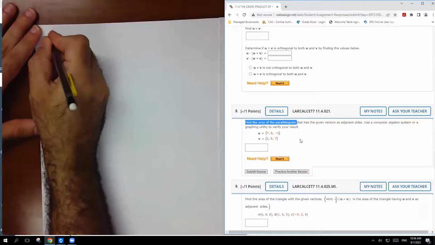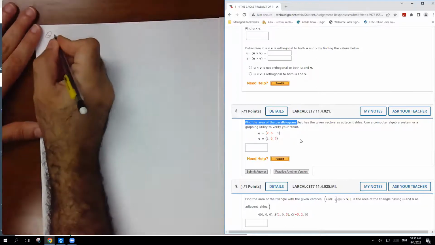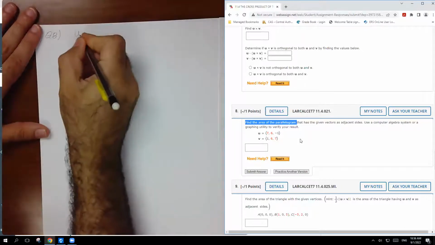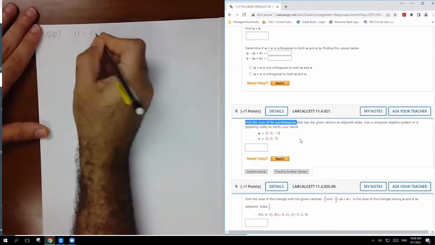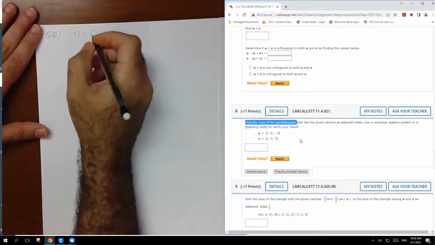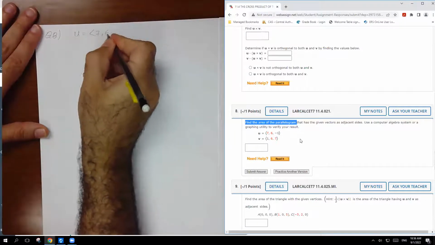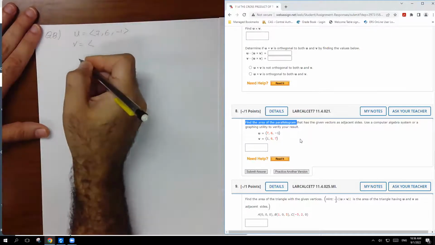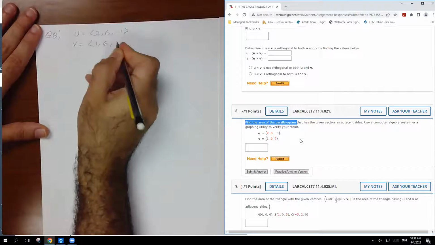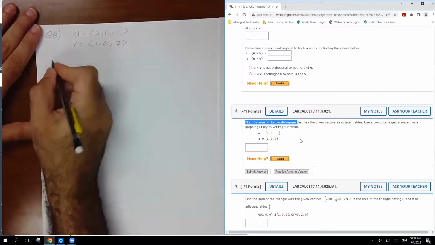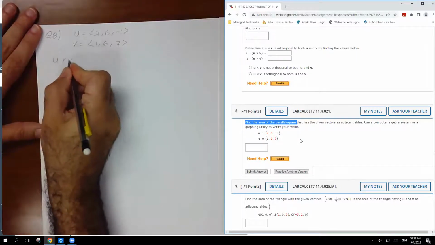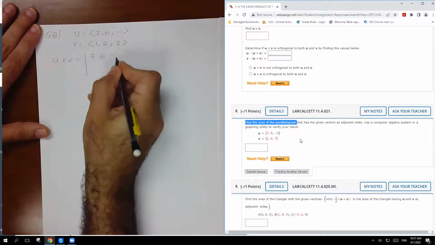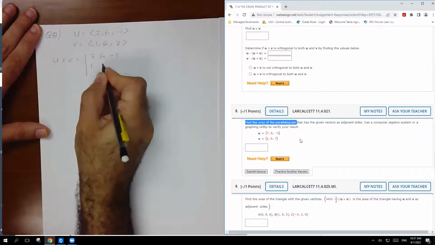So, question 8. We have U equal 7, 6, -1. And we have the V vector equal 1, 6, 7. So the cross product between U and V is going to be 7, 6, -1, 1, 6, 7.